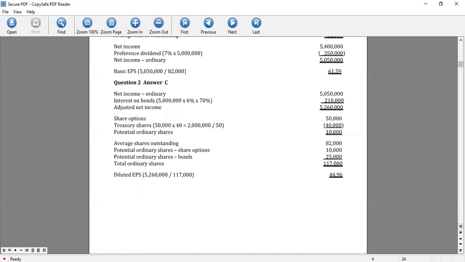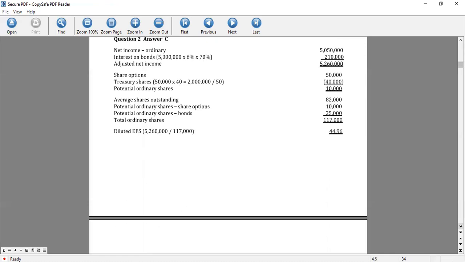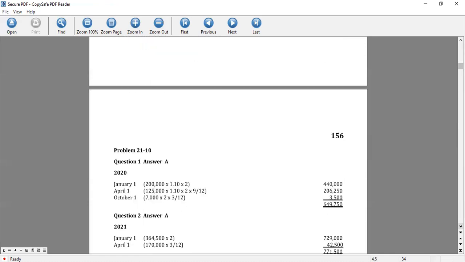The treasury shares: 50,000 times 40 is 2 million, divided by 50. And we have now the average shares outstanding, potential ordinary shares, share options, and bonds. So the diluted earnings per share is 44.96.